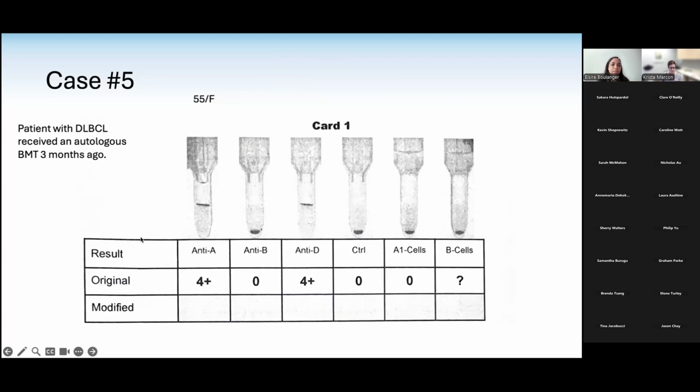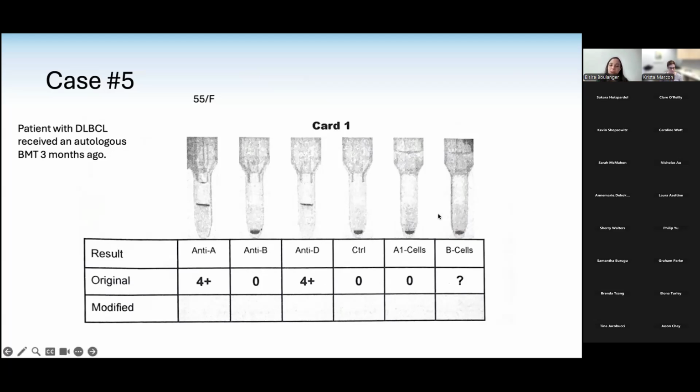What is happening? Well, the history can give us a clue: this patient received a bone marrow transplant and it was autologous. So in this case, the donor was the patient, who was A positive, which was great. In this case, I have a condition that is producing an immunologic deficiency in the patient, so the antibodies won't be reacting properly because the patient is immunocompromised. And this is another condition that we have to think about.